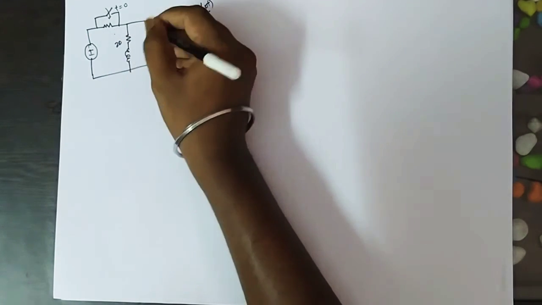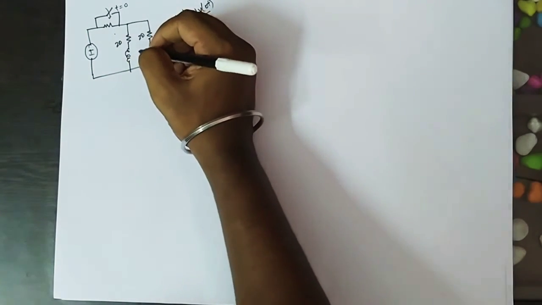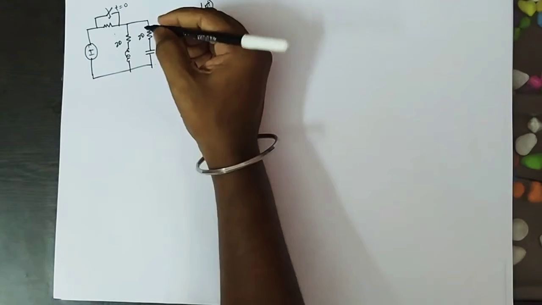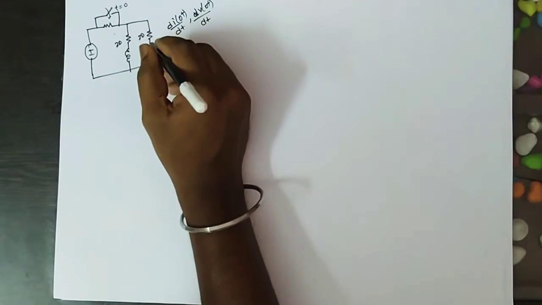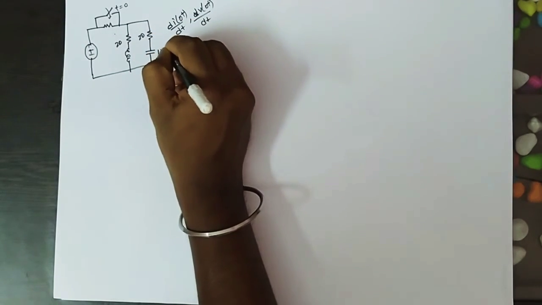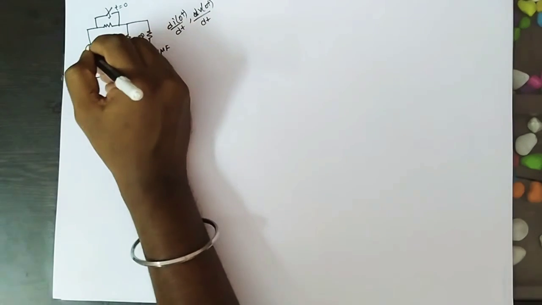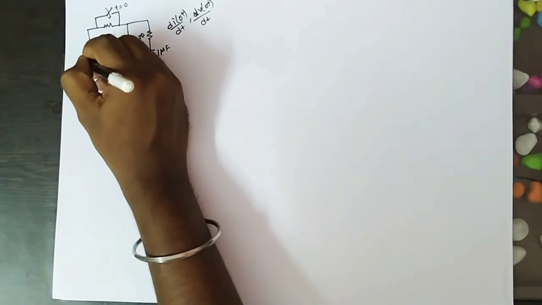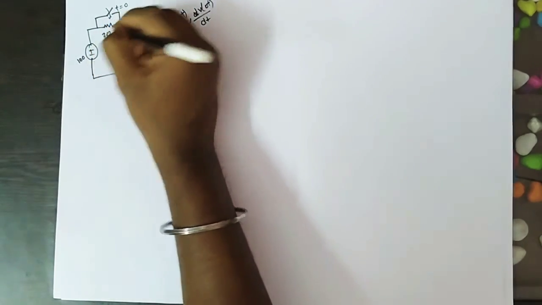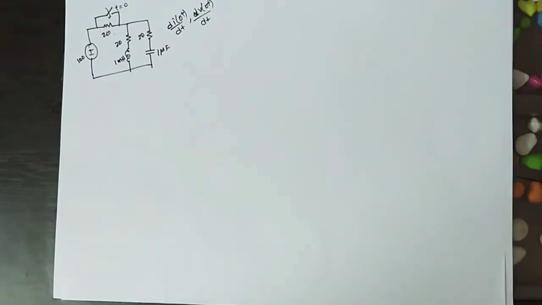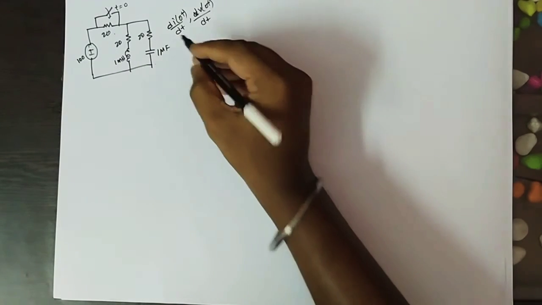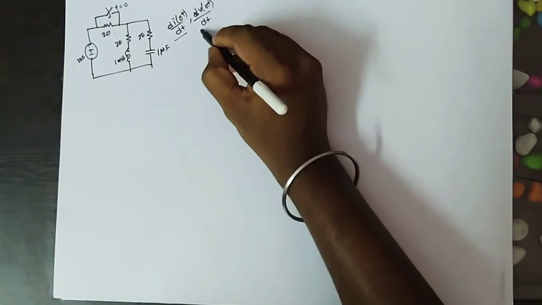Let us take this as 20 ohms, and the capacitor value is 1 microfarad and this is 1 millihenry and the voltage source is 100 volts and this is also 20 ohms. So at t equal to 0 plus the source is acting. Now he is asking you to find dI of 0 plus by dt and dV of 0 plus by dt.